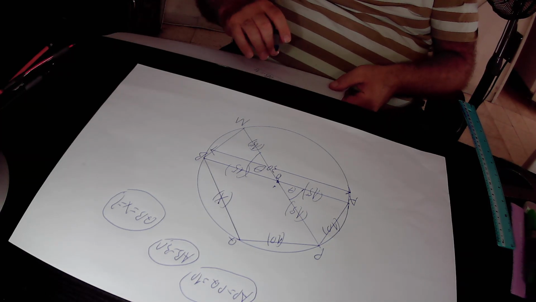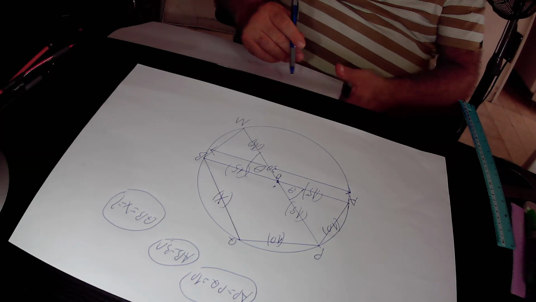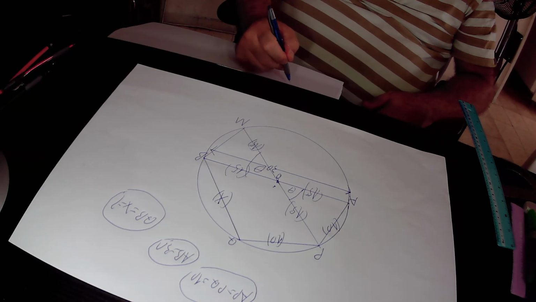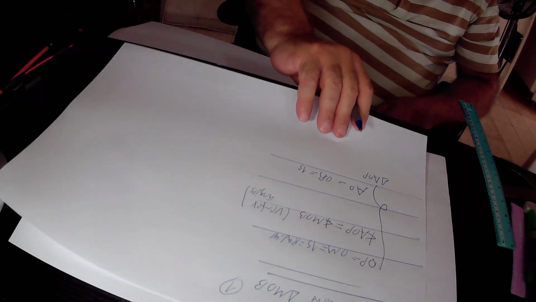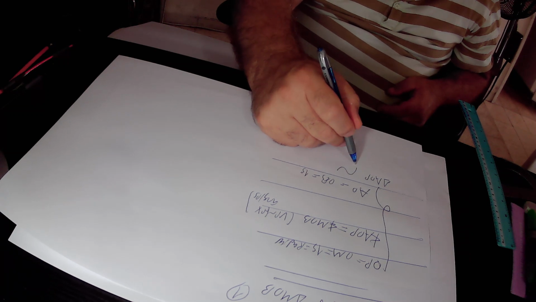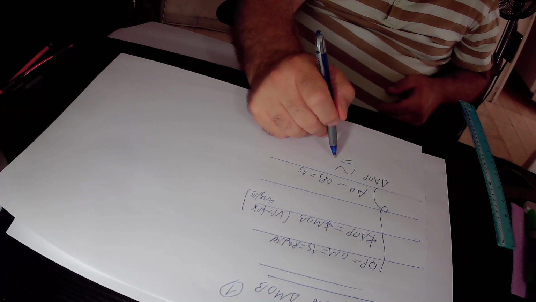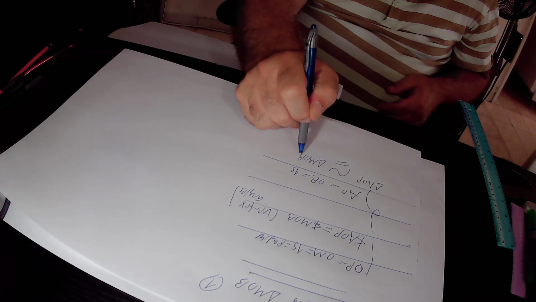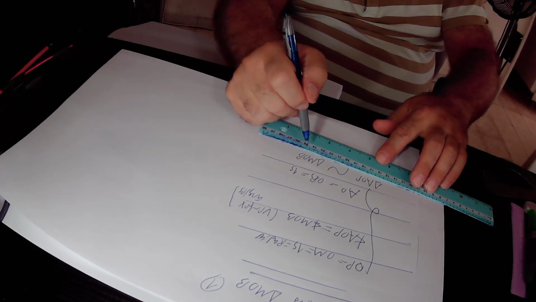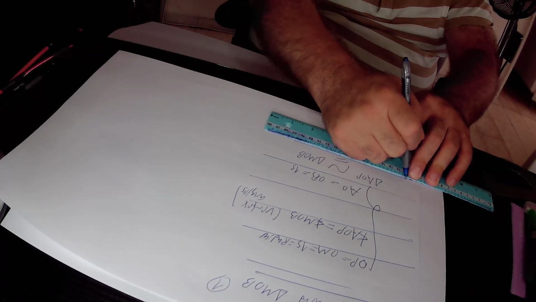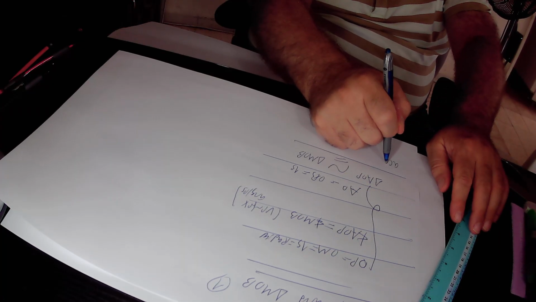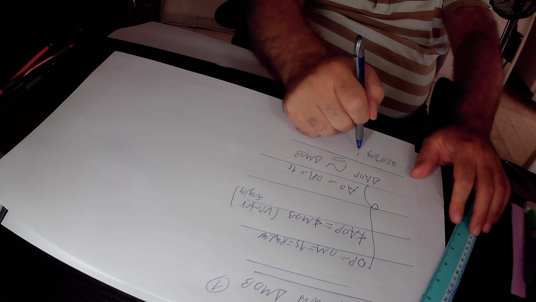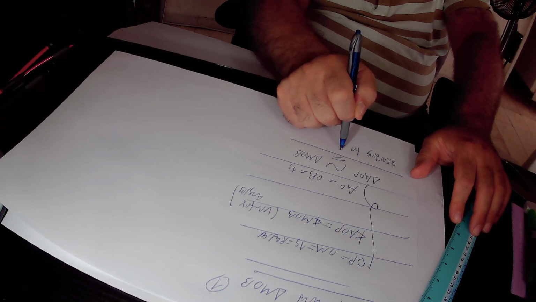So I write it down: triangle AOP is congruent to triangle MOB, according to the side-angle-side rule.